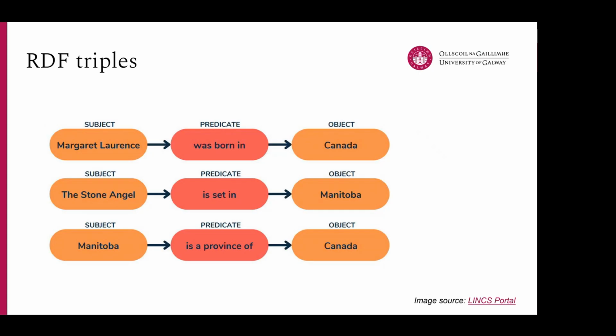Was born in is a predicate, and it defines a relationship between Margaret Laurence and Canada. Canada in this statement is an object, right? Another statement is Stone Angel, is her novel, I think, if I remember correctly. The predicate is set in, and Manitoba is an object.